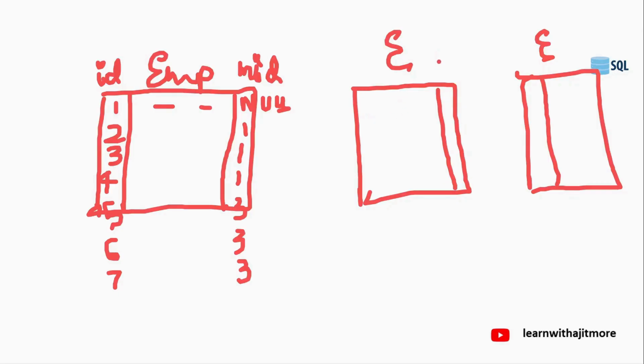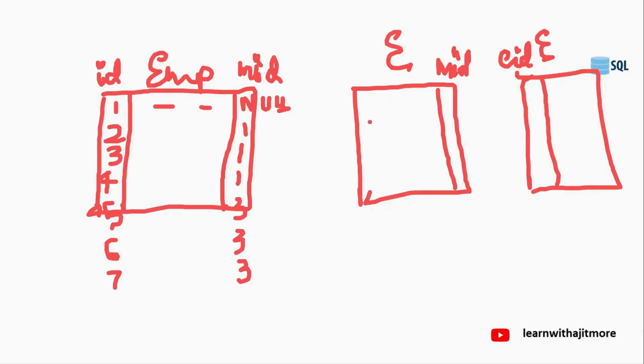This table's manager ID, you're relating with this table's employee ID. Actually, it is in the same table, but for visualization, consider this is one employee and its copy is another employee table.